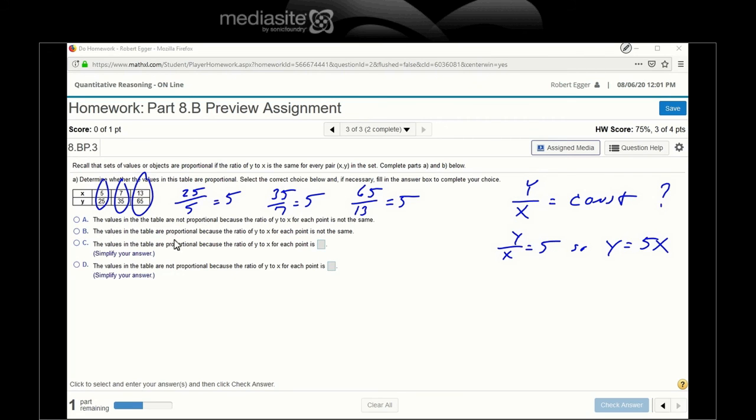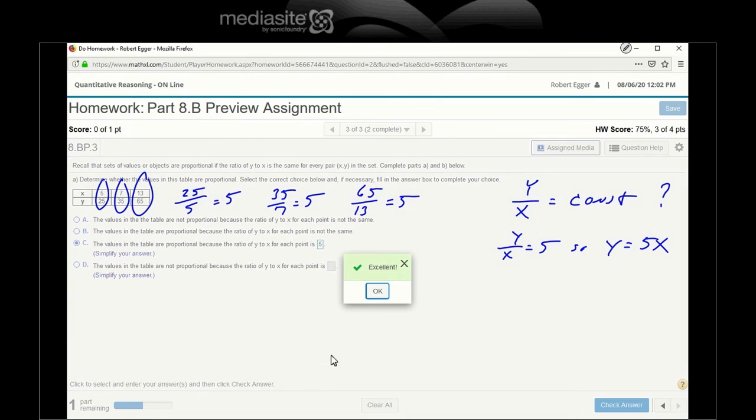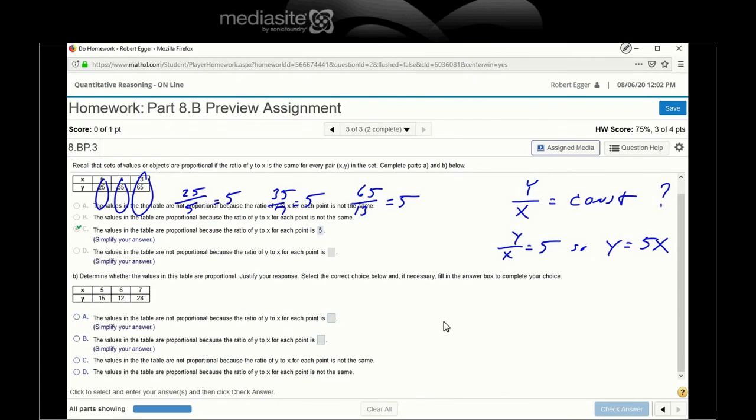Values are proportional if the ratio of y to x for each point is the same, here 5. Otherwise, if it's not the same, that means it's not proportional. Let's check this one. 15 over 5 is 3. 12 over 6 is 2. It's not proportional.